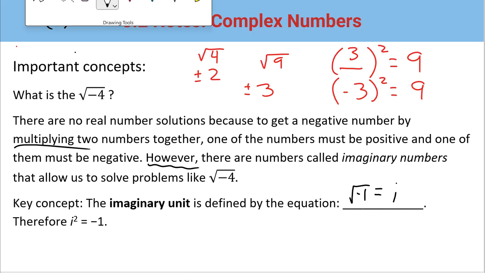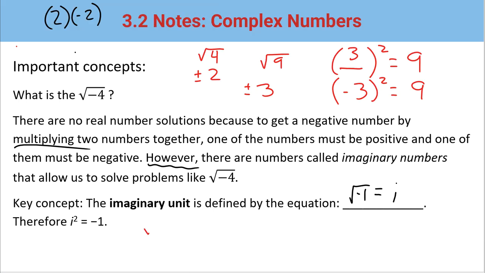So back to the square root of -4. What is the square root of -4? Well, if I separate this into the square root of -1 times 4, I can then separate this even further. I can say the square root of -1 times the square root of 4.